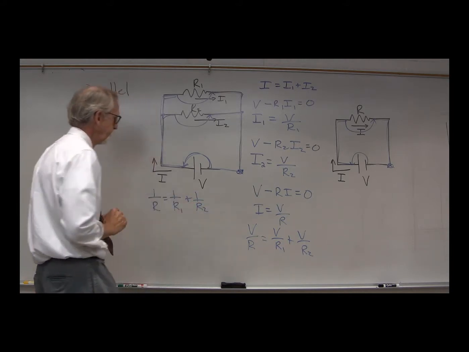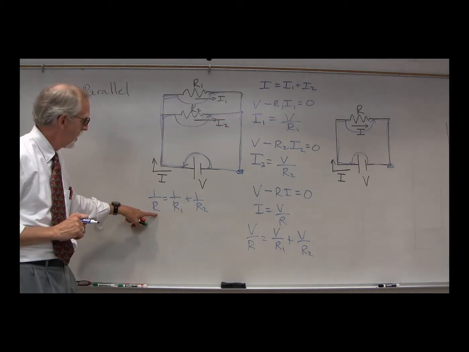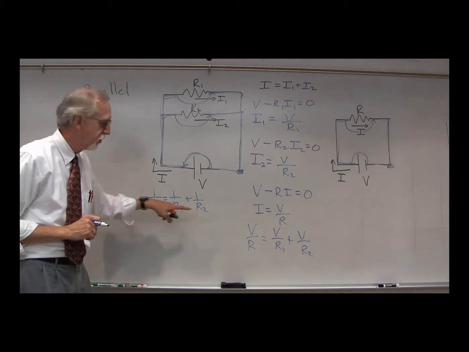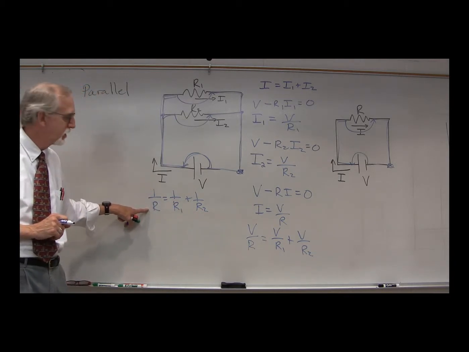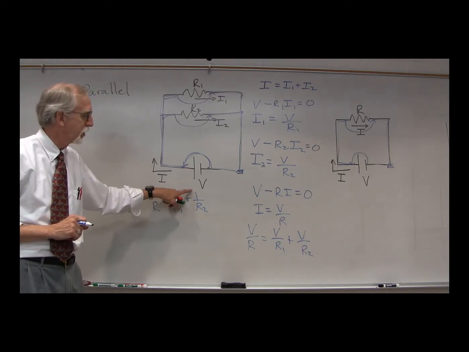The equivalent resistance of the two resistors in parallel we can find from this result here: the inverse of the equivalent resistance is equal to the sum of the inverses. In other words, 1 over R1 plus 1 over R2.